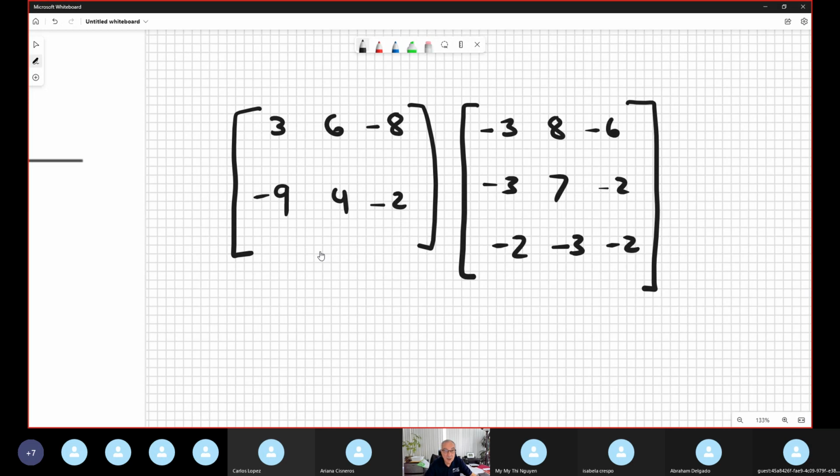Okay. Now the most important is to analyze dimension. Dimension of that matrix is 2 by 3, because we have 2 rows and 3 columns.